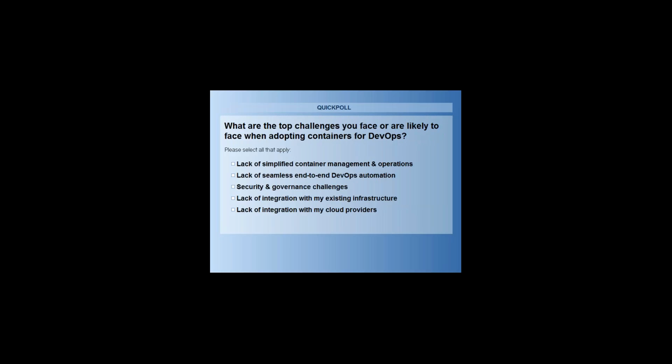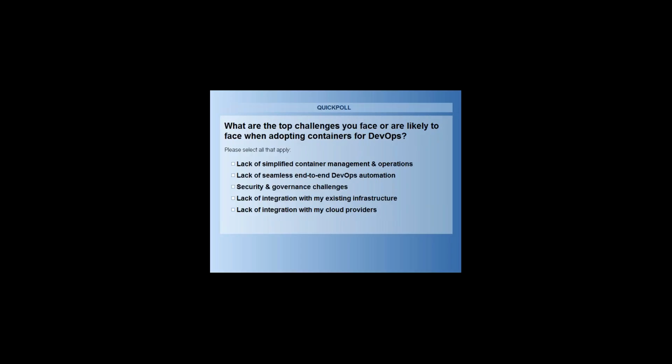And that is, what are the top challenges you face or are likely to face when adopting containers for DevOps? And here are the answers: lack of simplified container management and ops, lack of seamless end-to-end DevOps automation, security and governance challenges, always popular, then the lack of integration with my existing infrastructure, and lack of integration with my cloud provider.